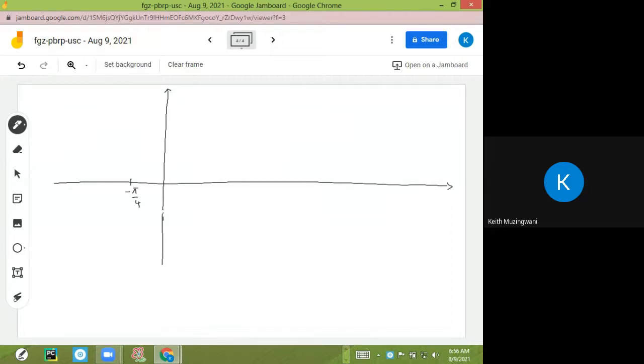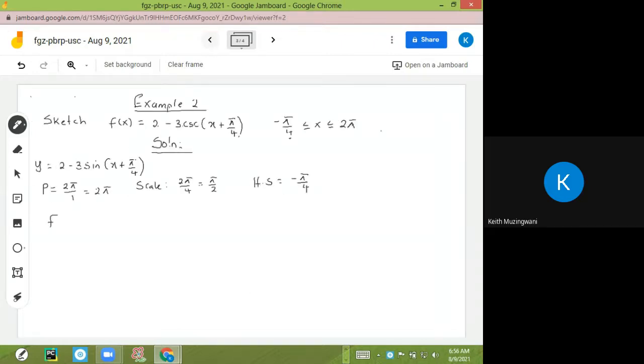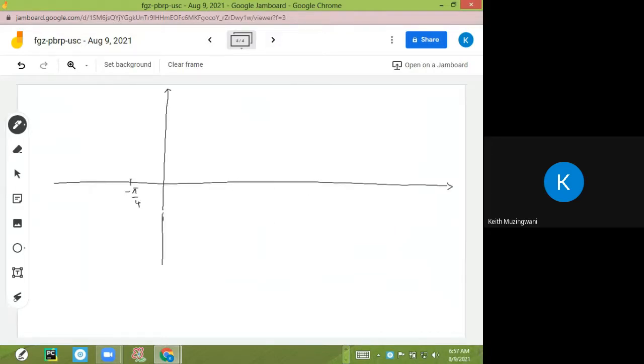So -pi/4, we add the scale. The scale is 90. So -pi/4 is just -45. -45 plus 90, what do we get? We get +45, pi/4.